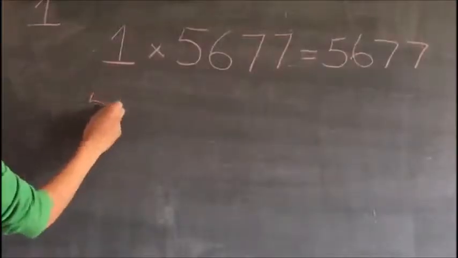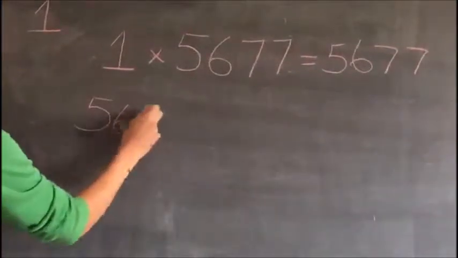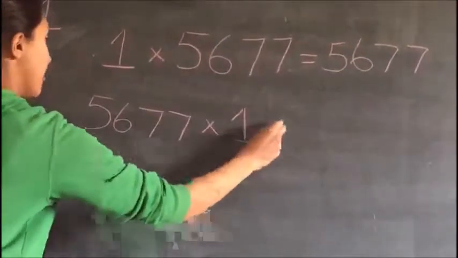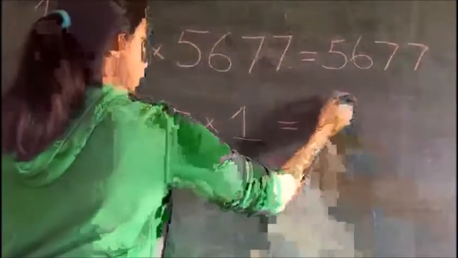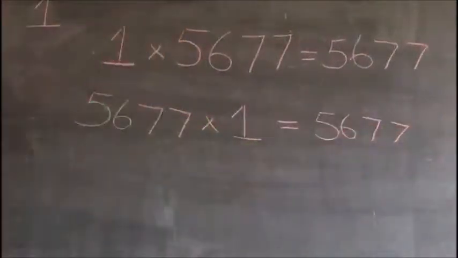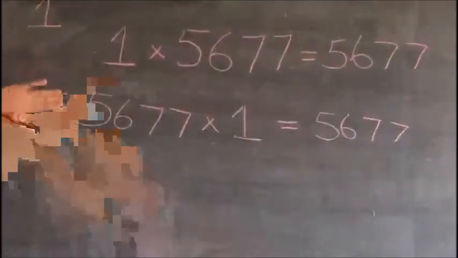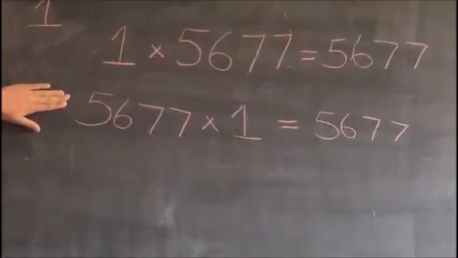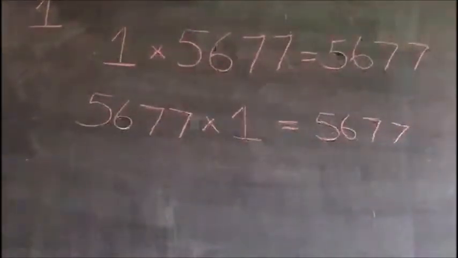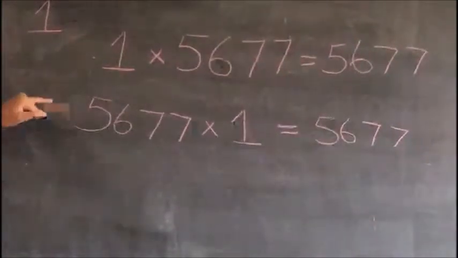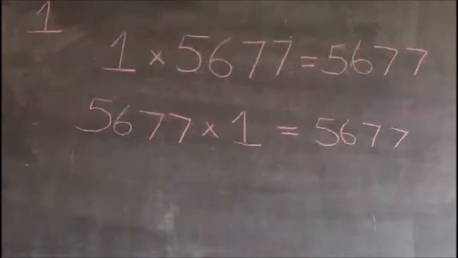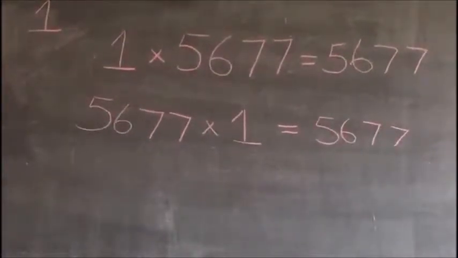Like 5,677 times 1 is still equal to 5,677. These two questions are actually the exact same, just flipped around, and they also equal the same answer. So don't be confused if you see the 1 in a different spot. Now, let's move on to our next tip.